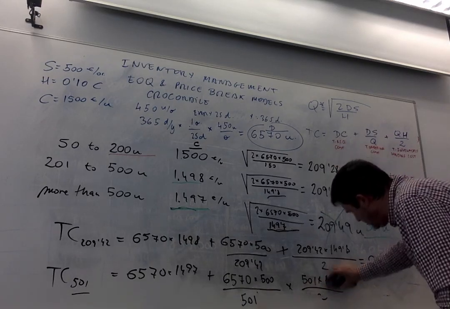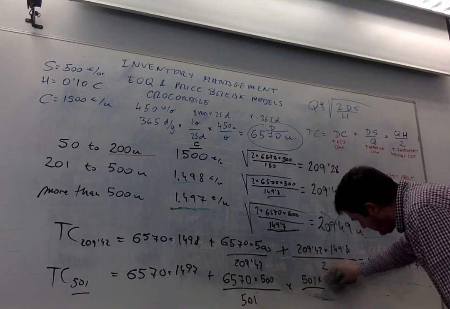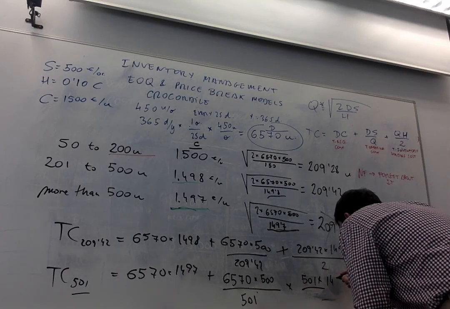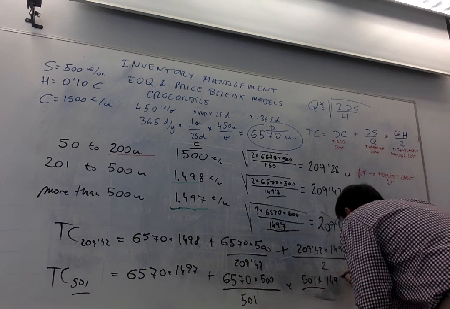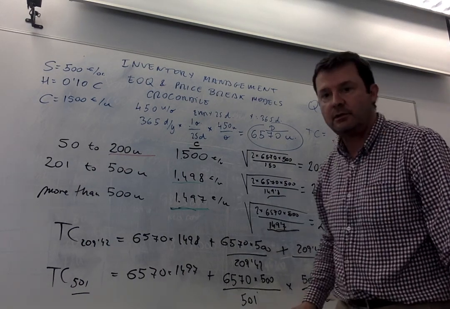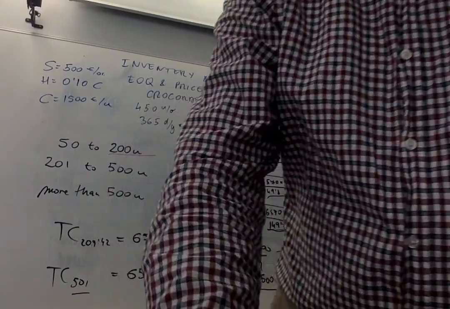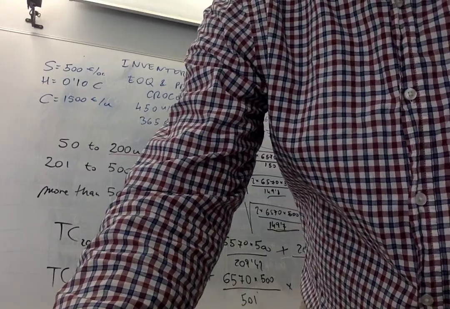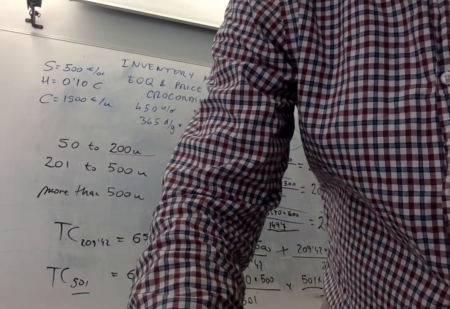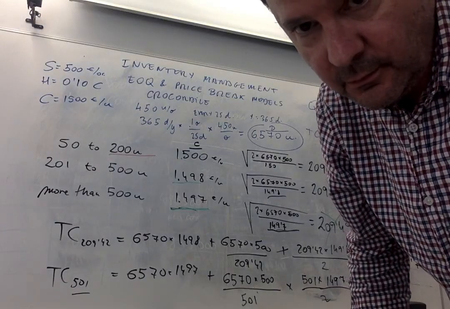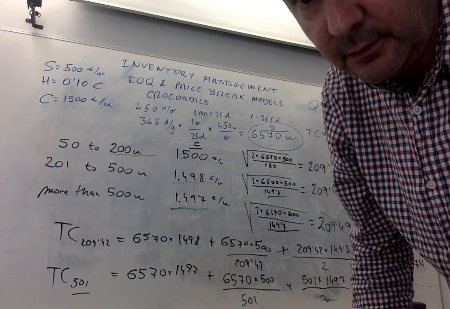Okay, it's good to write down here, 1497 divided by 2. And this total cost is 501,909,346.